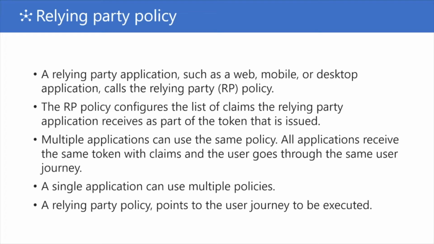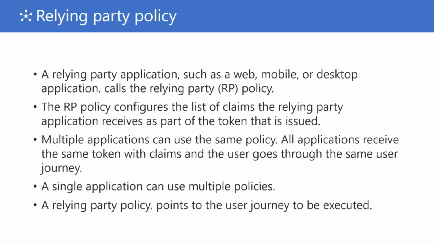So let's talk about the first section here. The relying party section refers to terminology in identity systems known as the relying party. The relying party application is your web application, your mobile application, your desktop application. It is the thing that relies on the policy to help it with its identity and authentication steps.